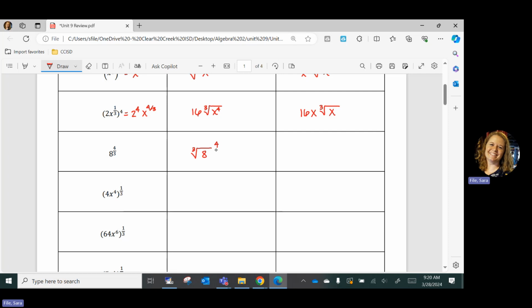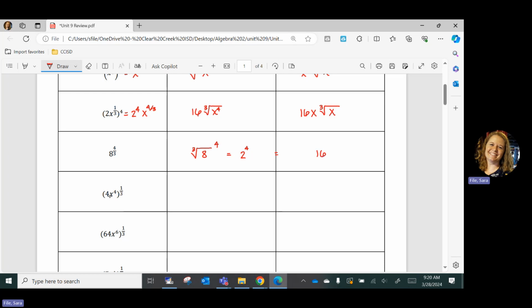When it's an actual number, I prefer to do it outside, because it's easier to calculate the cube root of 8 than if I raised 8 to the 4th power. That'd be a pretty large number. The cube root of 8 is 2, and then I've still got 2 to the 4th power, which we just did up there. It was 16. So this comes out to exactly 16.